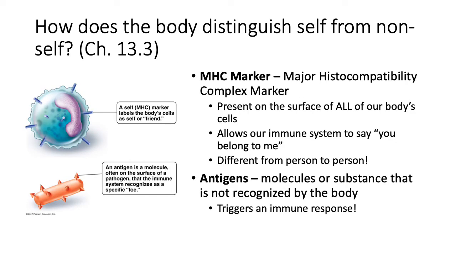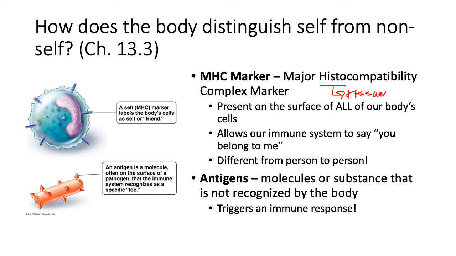So first off, it's really important that our body and our immune system be able to determine which cells belong to us and which cells are considered foreign invaders. And the way that we do that is through markers that exist on the surface of our cells. The major histocompatibility complex marker. Histo means tissue.